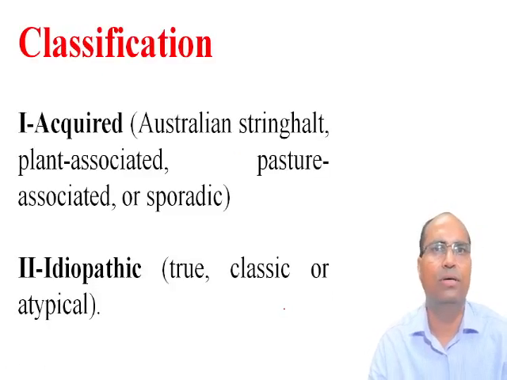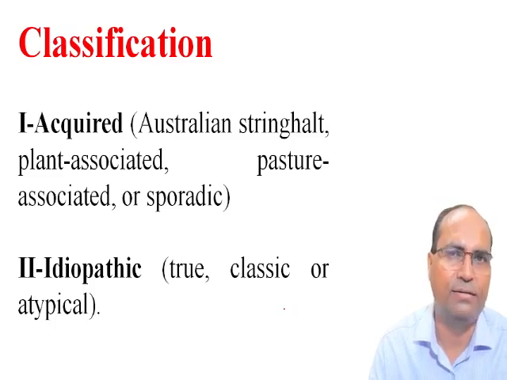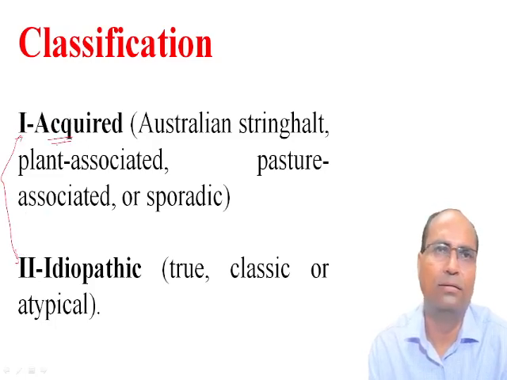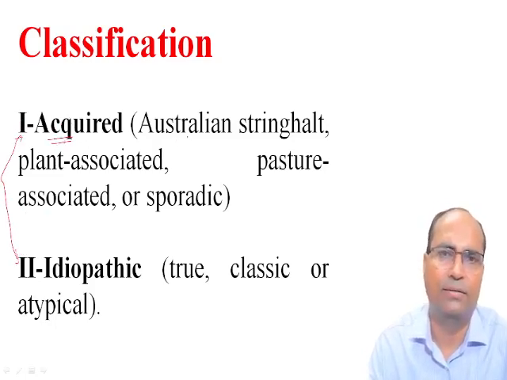Now we discuss the classification of Stringhalt. Stringhalt is divided into two categories or two types. First one is acquired Stringhalt.